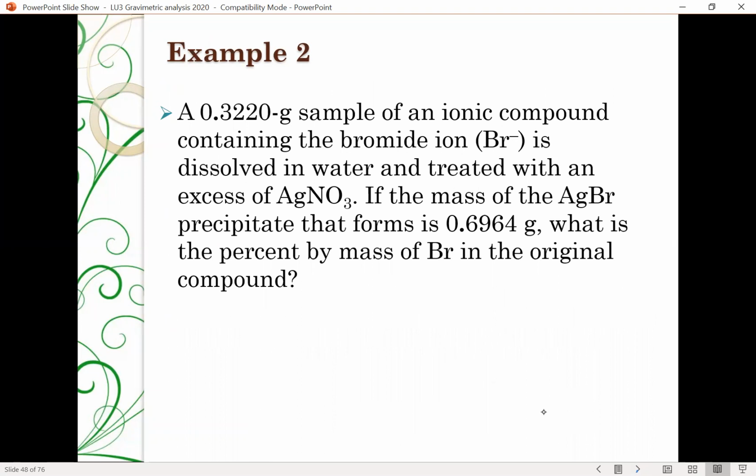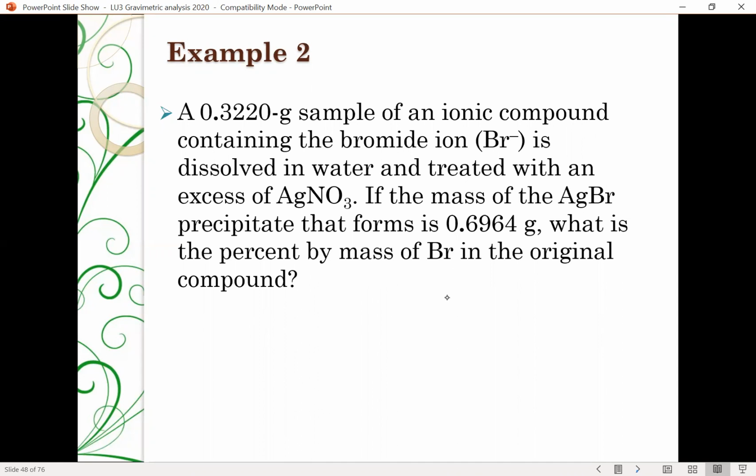Let's take a look at another example. We have a 0.322 gram sample of an ionic compound containing bromide ion, which is dissolved in water and treated with excess AgNO3. We get the mass of AgBr precipitate that forms, which is 0.6964. What is the percent by mass of Br in the original sample?